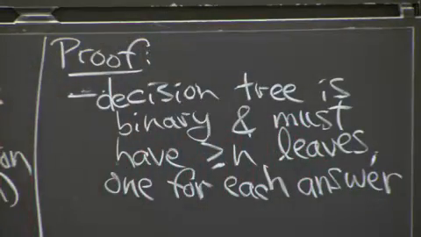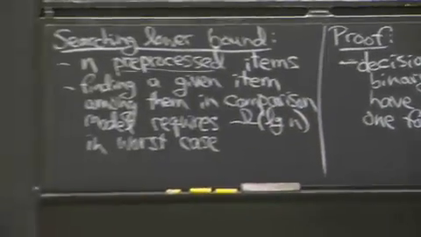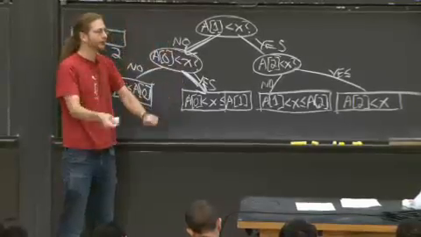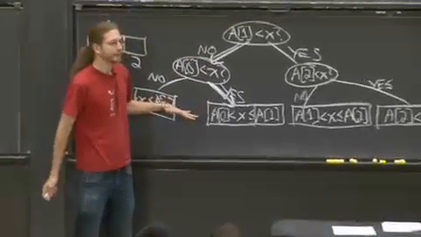At least. Now, at the leaf, you have to know what the answer is. But there may be many leaves that have the same answer. That's possible. And indeed, that will happen, not for binary search, but typical algorithm. There's multiple paths to get to the same answer. So there may be more leaves than n.